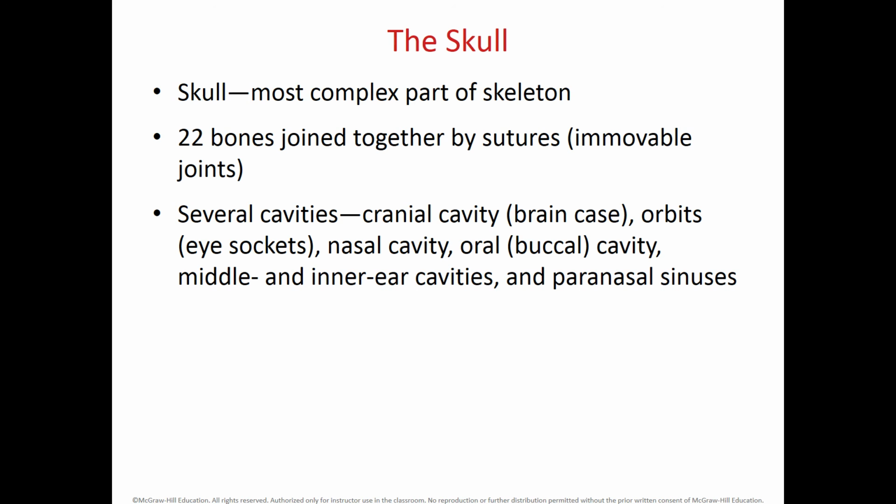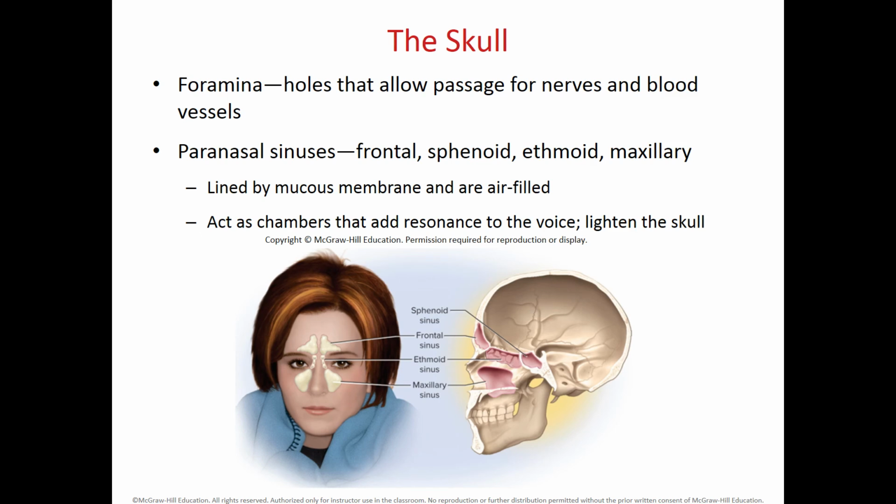Now the bones in the skull are filled with a lot of foramina because this is the structure in our body that helps to protect our brain, and our brain has to communicate with the rest of the body. So these foramina allow the passage for nerves and blood vessels.